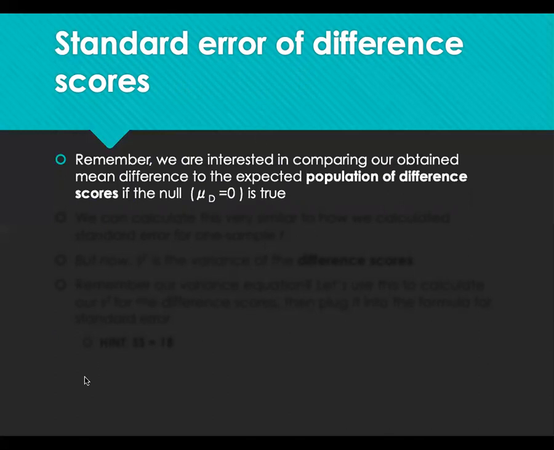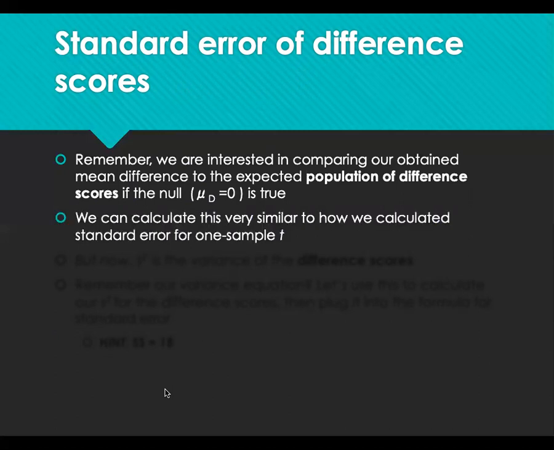Remember, we are interested in comparing our obtained mean difference to the expected population of difference scores if the null is true. We can calculate that very similarly to how we calculated standard error for the basic one sample t-test, the very first t-test that we talked about.